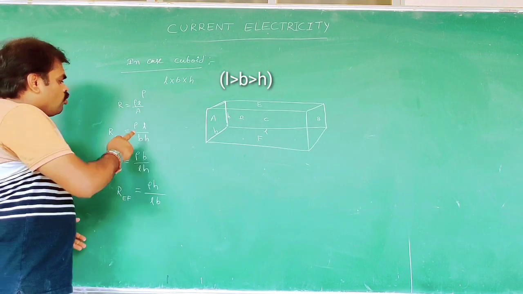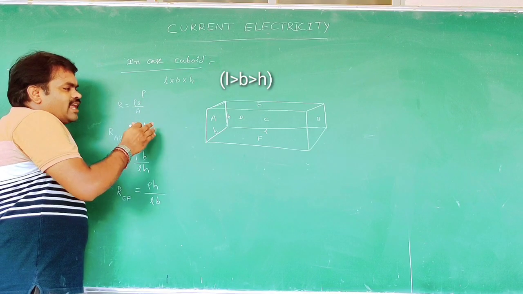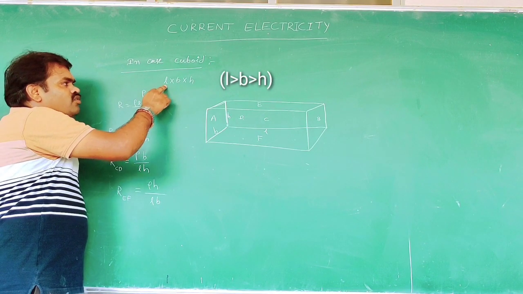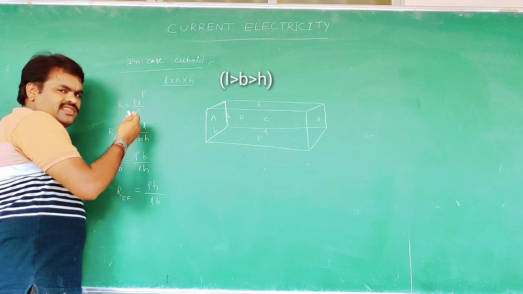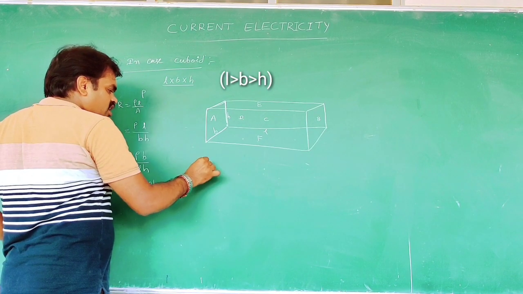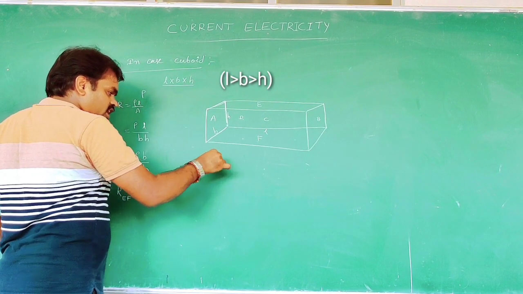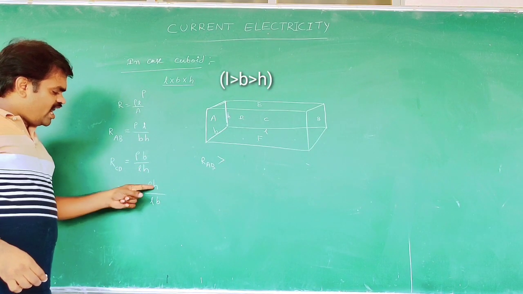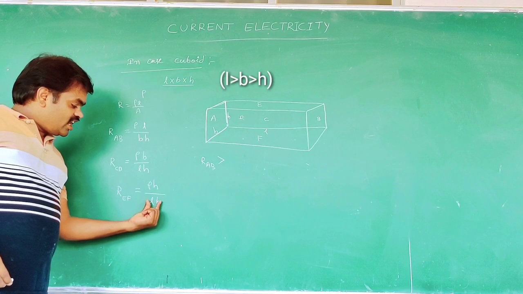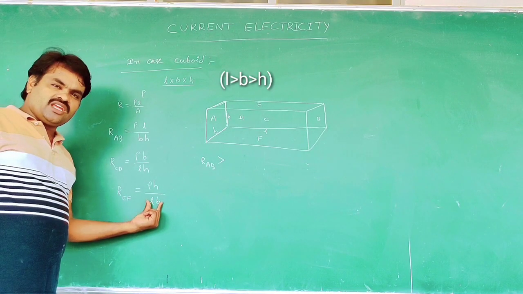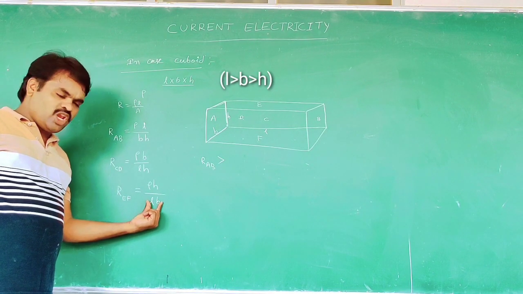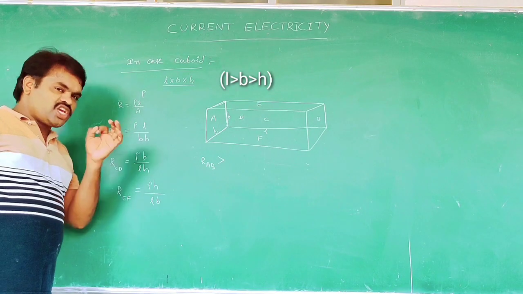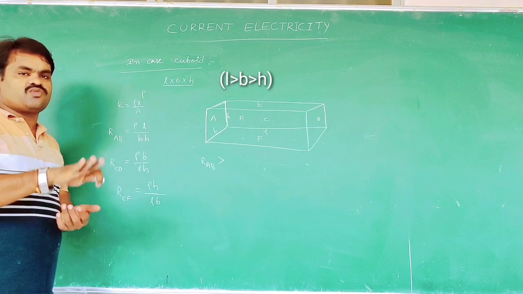Now you see, which one has the larger dimension? Length is the largest. That's why RAB is greater. Now, what about these two? Here H is very small, but the area of cross section will be large. Area of cross section being large means the resistance will be low.